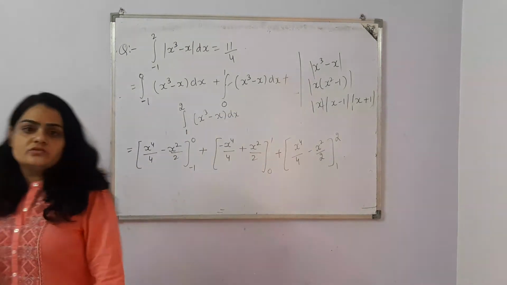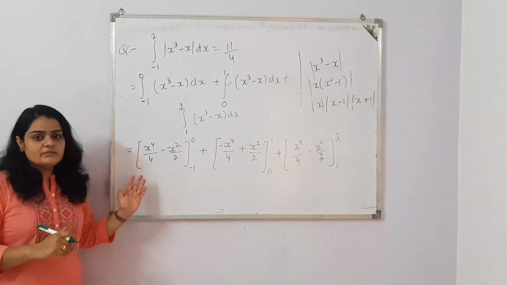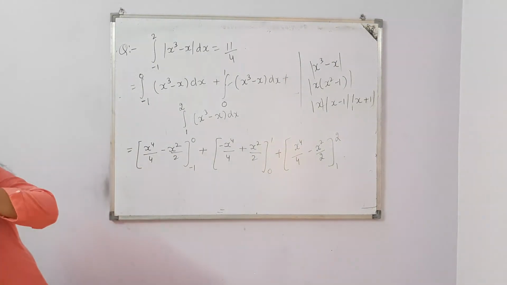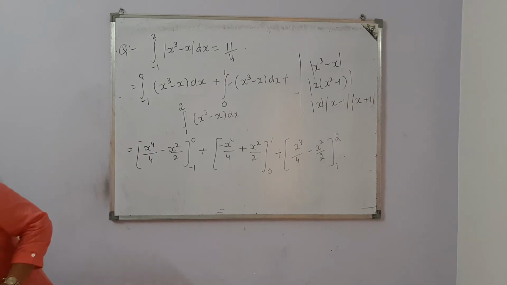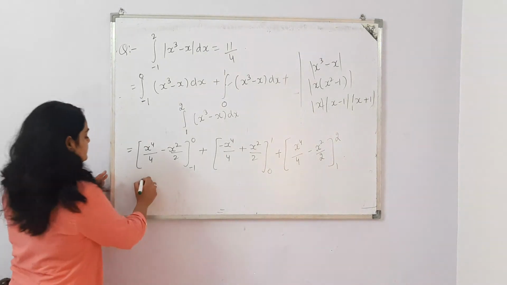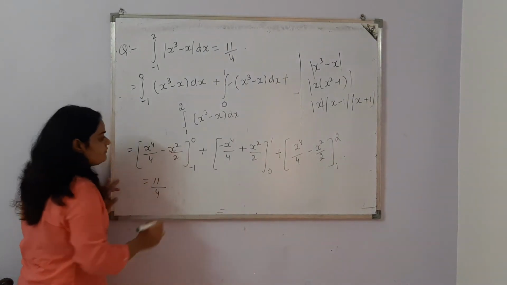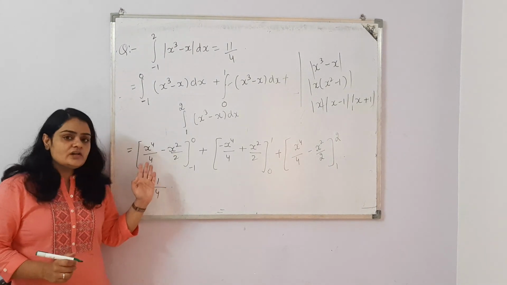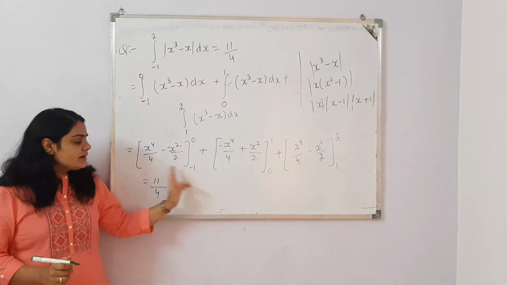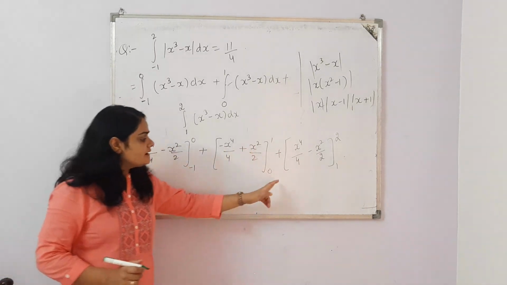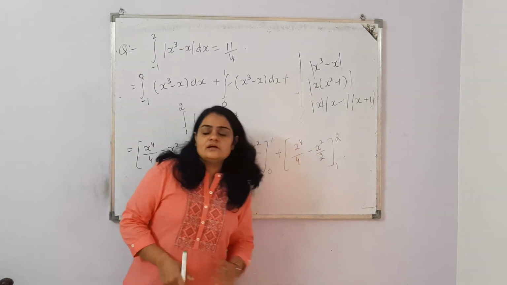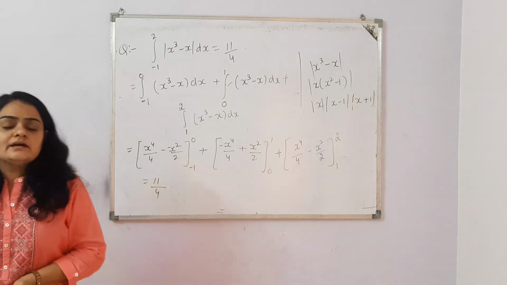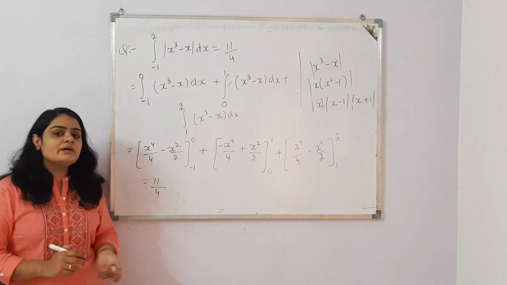Now substitute the limits, and after substituting I am getting the answer 11 by 4, which we wanted to prove. You can substitute upper limit minus lower limit in each function, and you'll get the answer 11 by 4.